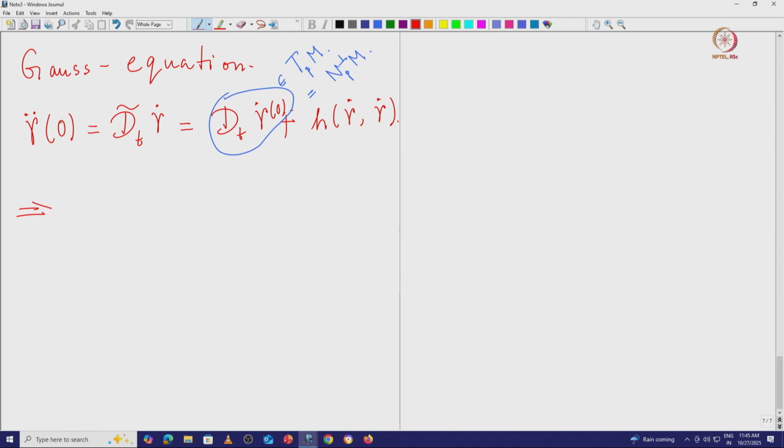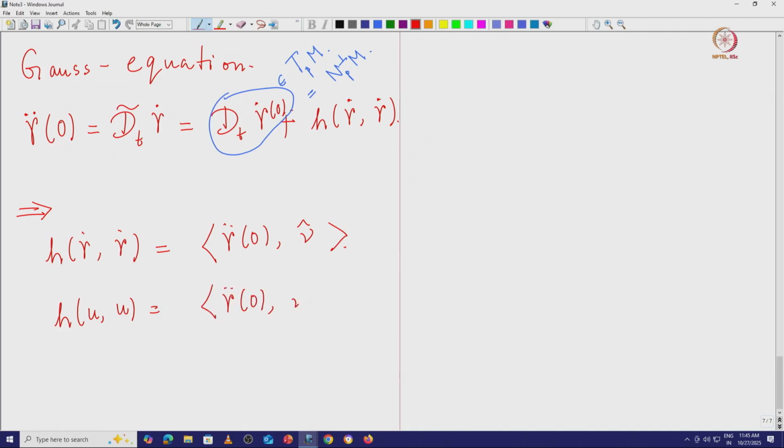So that means that the second fundamental form of gamma dot comma gamma dot is precisely the component of the acceleration vector along the unit normal vector, okay. So in other words h of u comma u is precisely the component of the acceleration vector along this unit normal vector, okay.